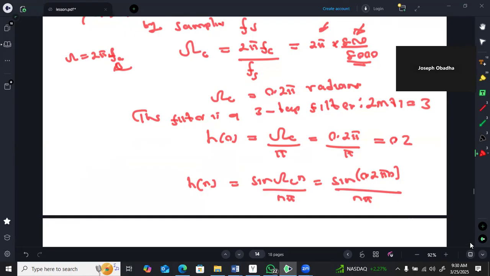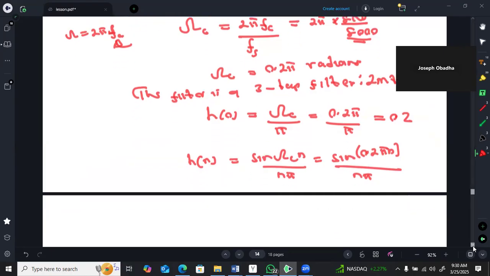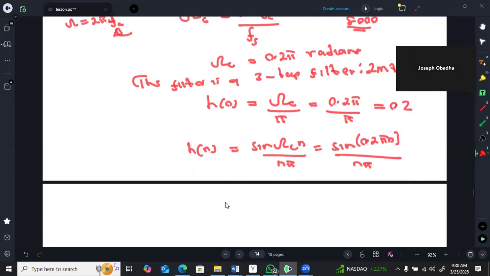So we'll have h of 1 equal to sine 0.2 pi times 1 over 1 times pi, which is actually equal to 0.1872.